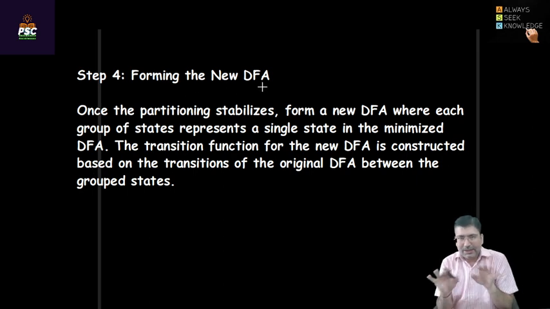Forming the new DFA. So once all the partitioning has been saturated, we initially created the set of non-final states and final states, then we start partitioning those based on some logic which we are going to see in the example, and then finally we start getting the same partition set. Then we start framing the automata.